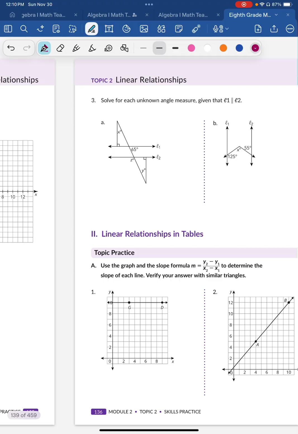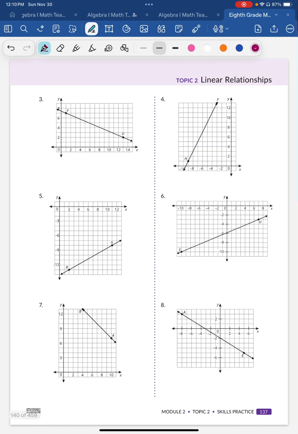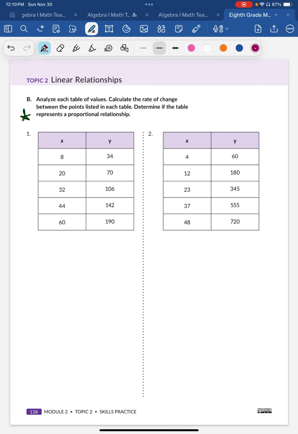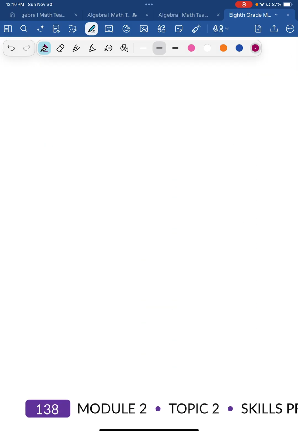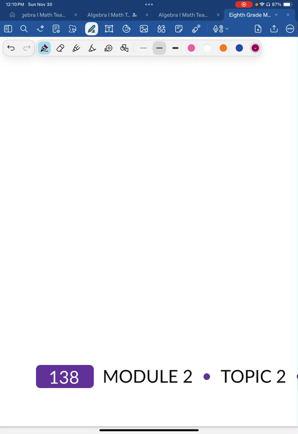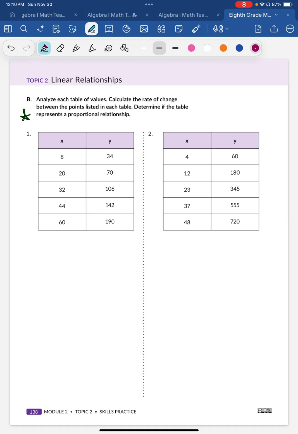So the next thing I want to do, let's go on over to page 138. Okay, page 138. This says analyze each table of values, calculate the rate of change between the points listed in the table, and determine if the table represents a proportional relationship. Okay, let's see.